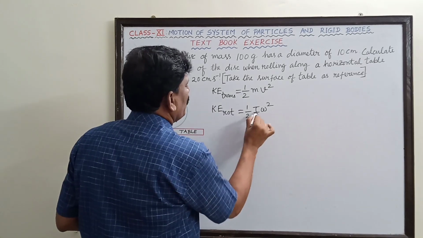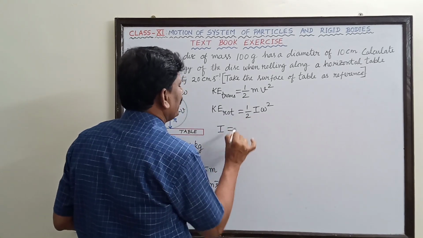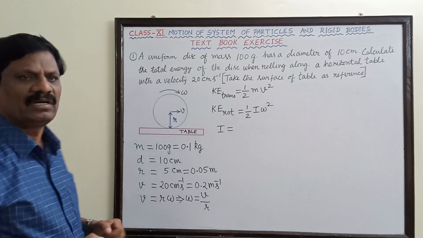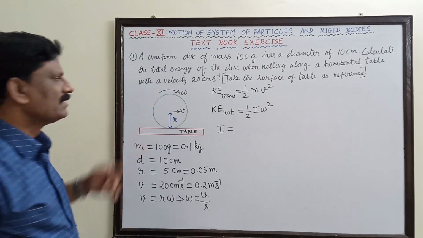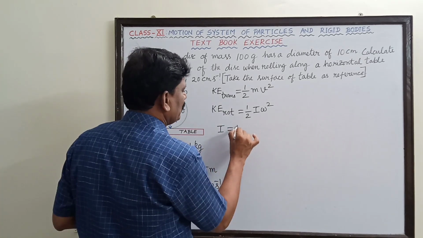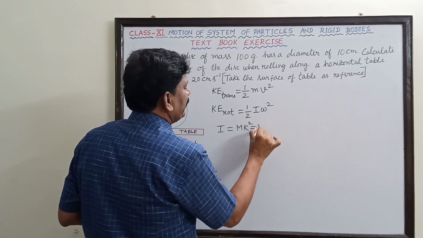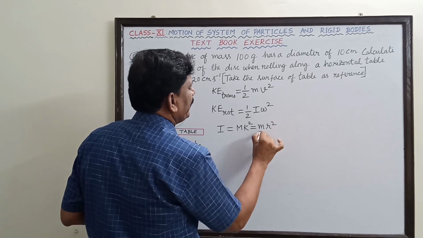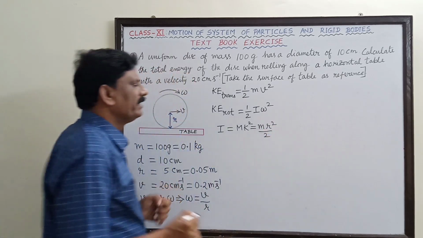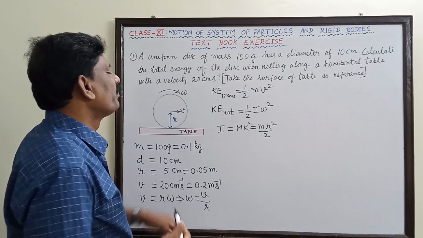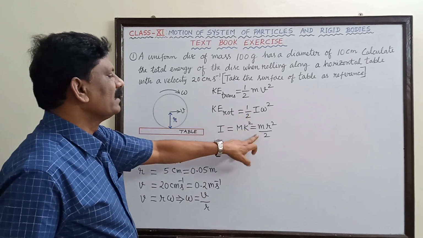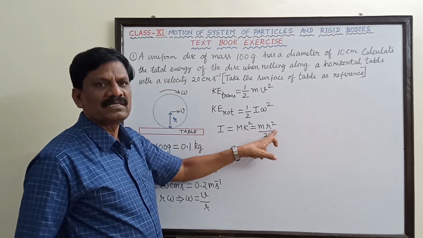Now the moment of inertia of the disc we have already studied, is it not? Moment of inertia of a circular disc is equal to m r square by 2. So in place of I, I can substitute half m r square.